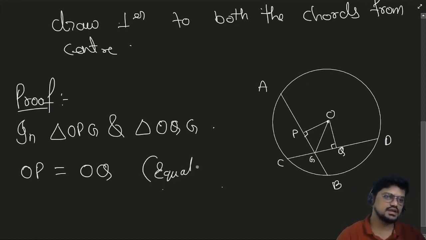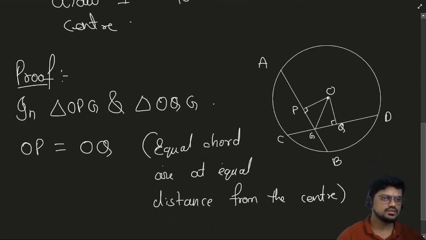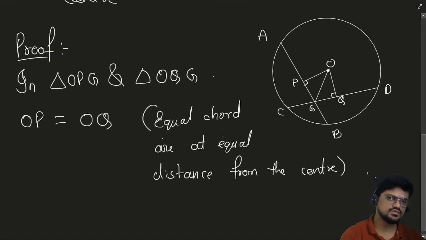We have done this theorem last time. If there are two chords which are equal, then the two chords will be at equal distance from the center. That's why OP will be equal to OQ.